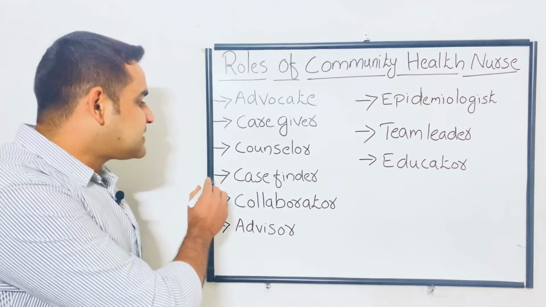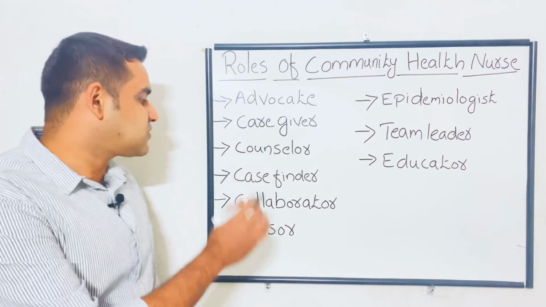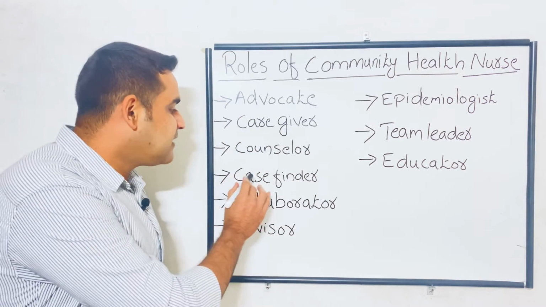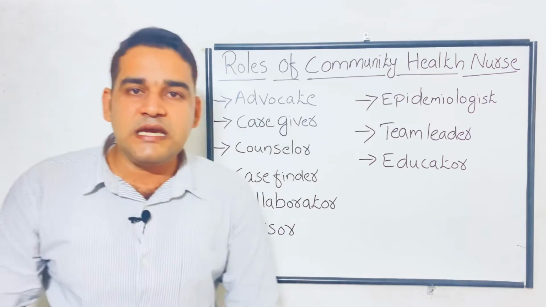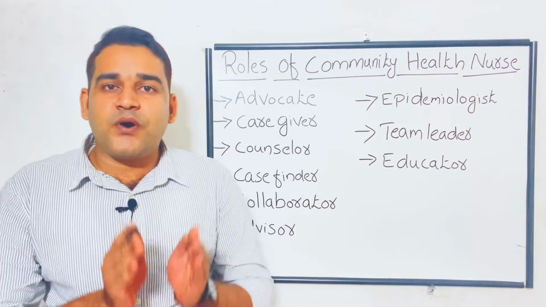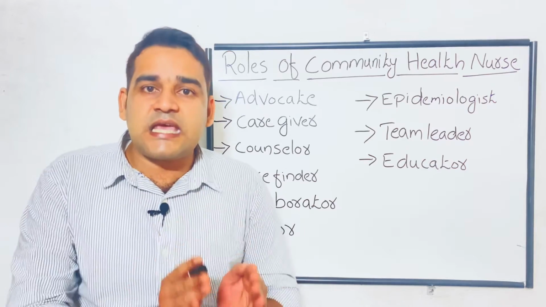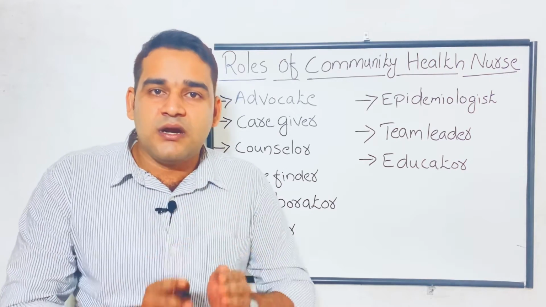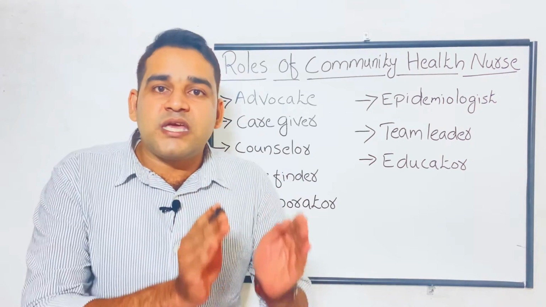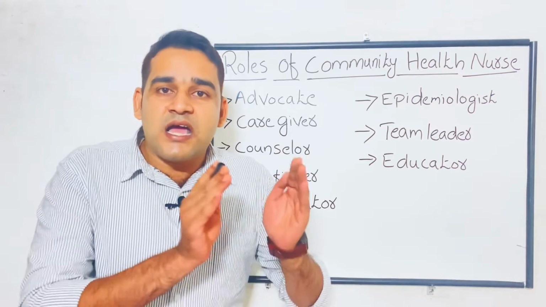Next one is as a case finder. The next role of the community health nurse is as a case finder. To identify cases is an important part of community health nursing. As a case finder, the nurse should try to identify new cases and new diseases in the community.